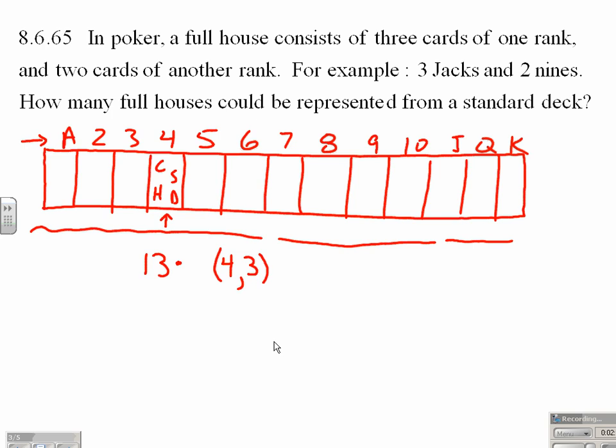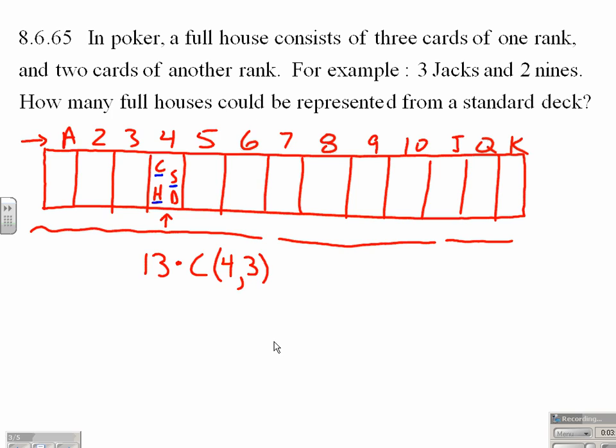In other words, if I am dealt, or if I choose clubs, spades, and hearts, four of clubs, four of spades, four of hearts, that is exactly the same as had I chosen four of hearts, four of spades, four of clubs. The order I chose those in made no difference. So this is a combination.